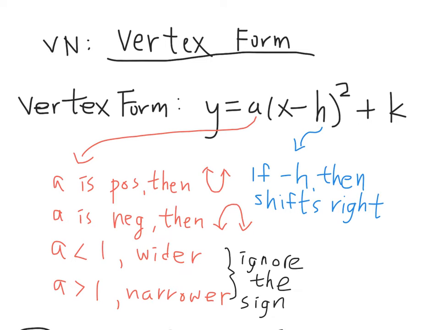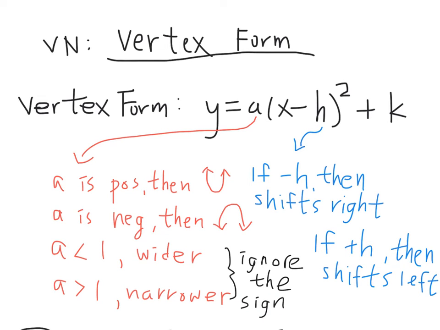And if there's a positive h, so if you see like x plus 3, for example, then it will shift to the left. And of course, we'll do more examples later so that you'll understand. But right now, I just need you to write down these definitions.